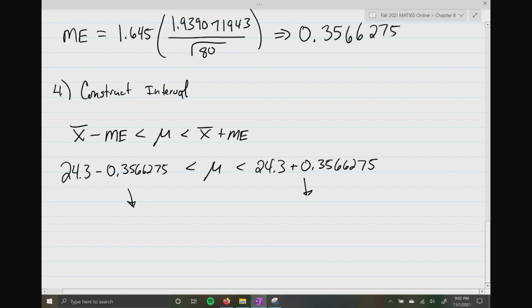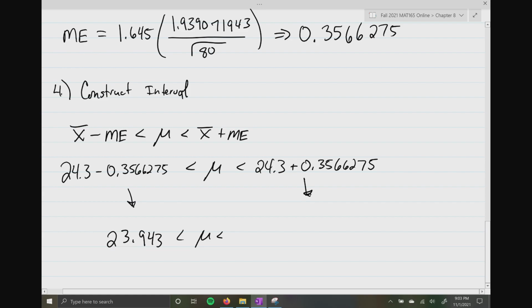So when I go ahead and just add and subtract my error, I need to get my calculator out one more time. 24.3 minus my margin of error is going to be, and I'm going to round it to 3 decimal places, okay? So it's going to be 23.943.